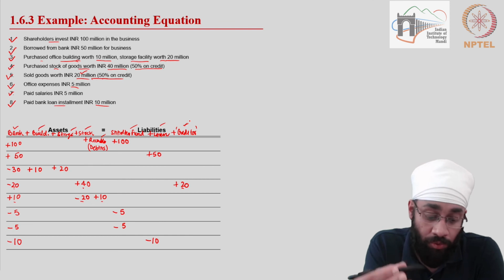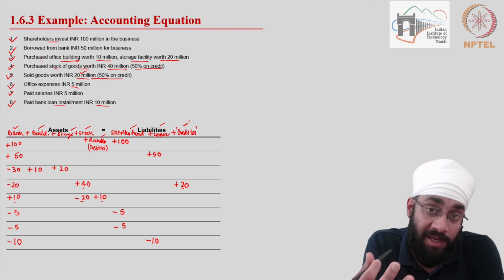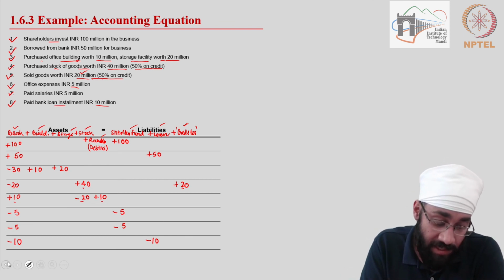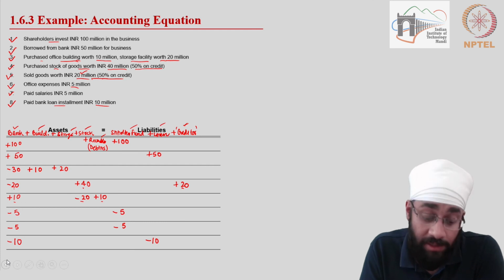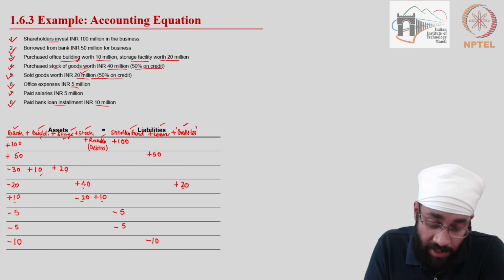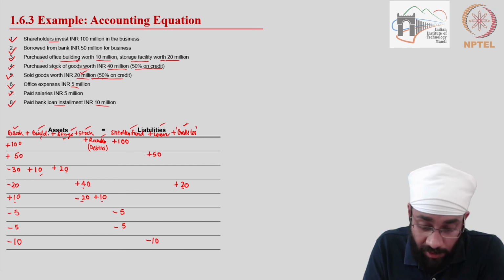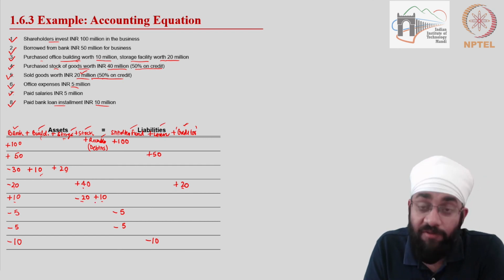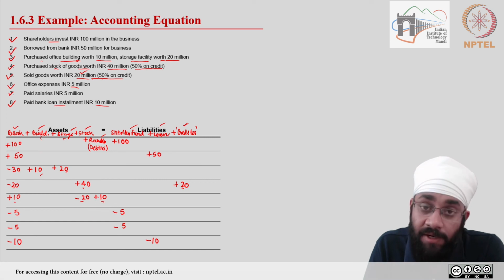What is the final money left in the bank account? Well, you can just sum this up and figure out the balance in the bank. What is the value of the building? 10. What is the value of the storage unit? 20. The value of the stock, you are left with 20 million worth of stock. What is the amount recoverable from the customers? That is 10.